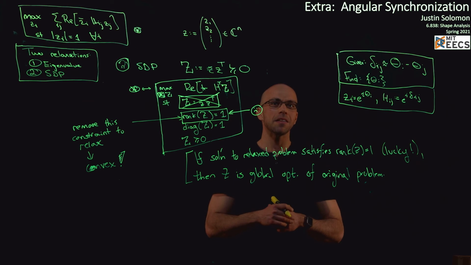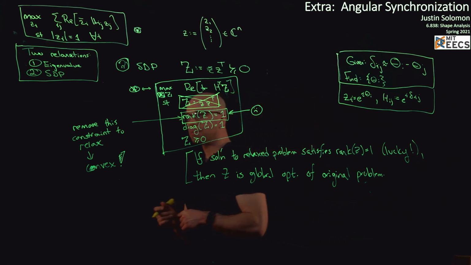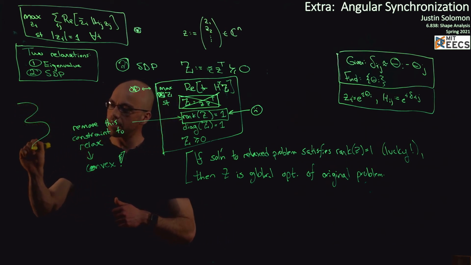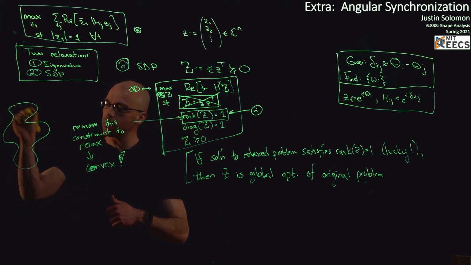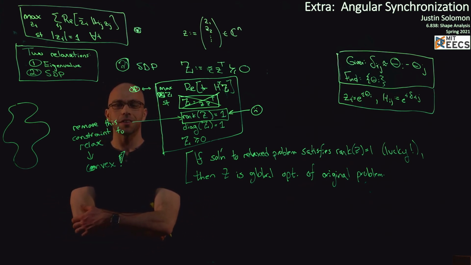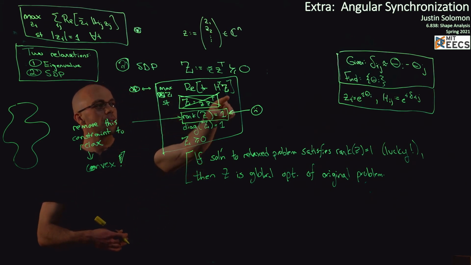Now, here's the basic point. Oftentimes, when I solve an optimization problem that's non-convex, I have some crazy constraint set. There's no reason why my constraint set should cut out a shape which looks convex. But we did all of this work to massage our problem into a form where our objective function is linear.